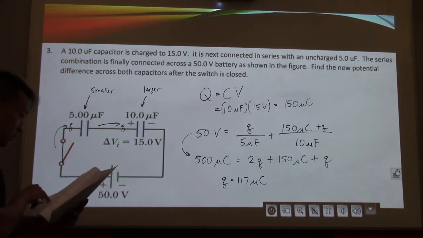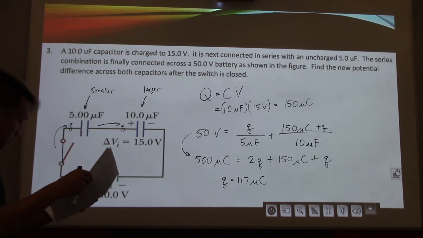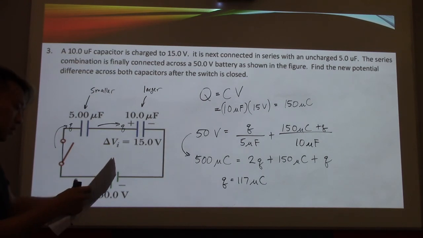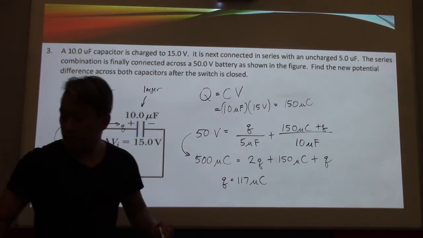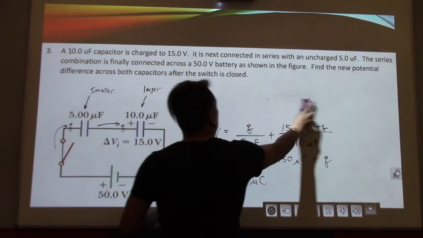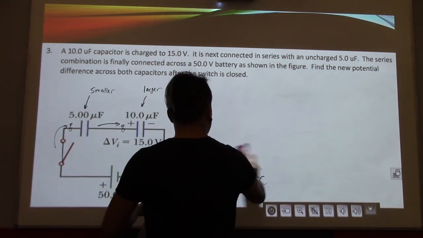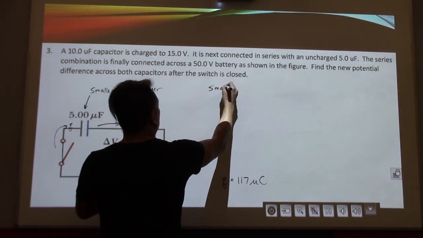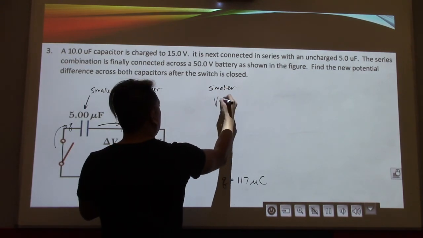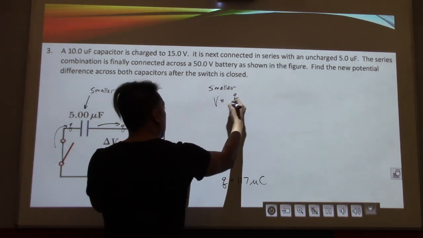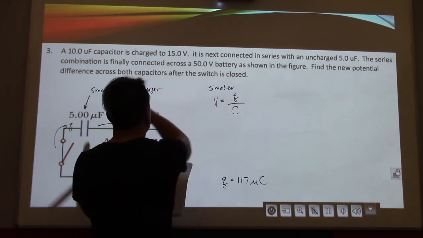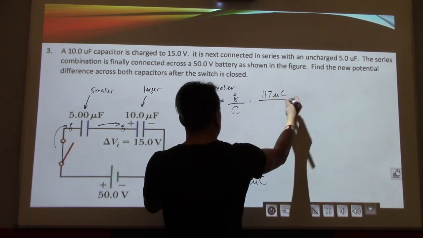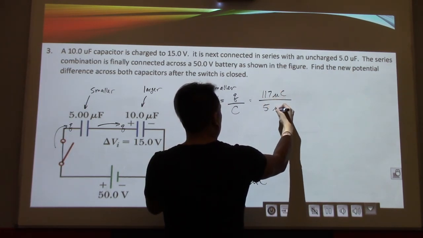And so where is it now? Okay, so let's get some room. So for the smaller one, we're going to have V equals Q over C, the capacitor, the smaller one, which is going to be 117 microcoulombs over 5 microfarads.